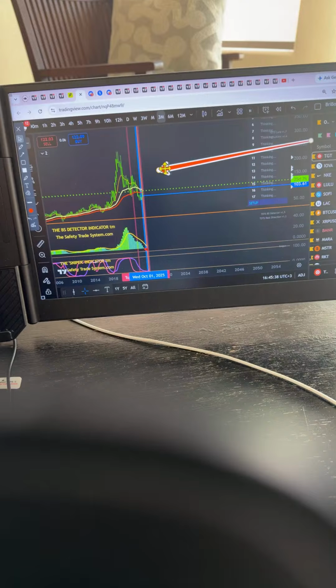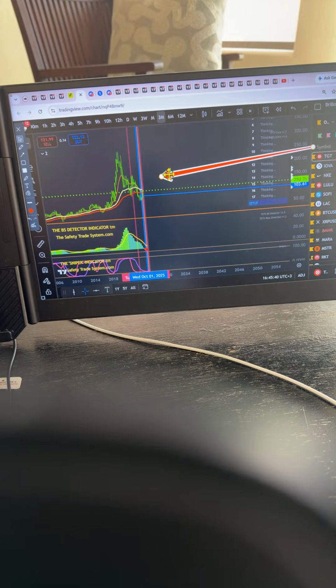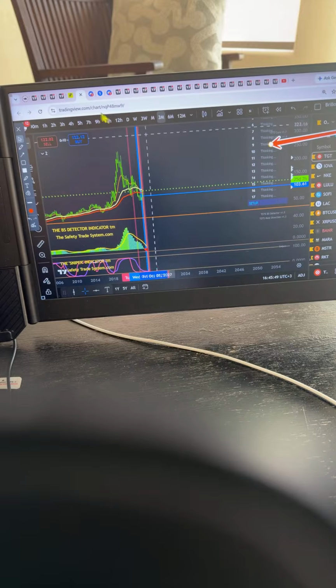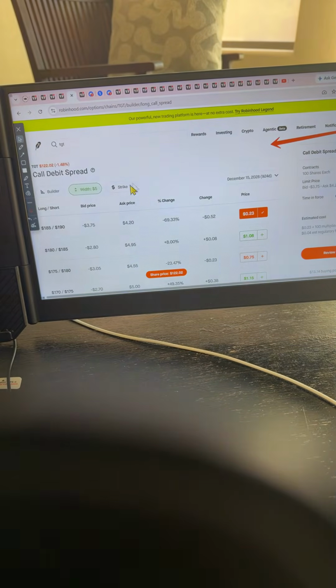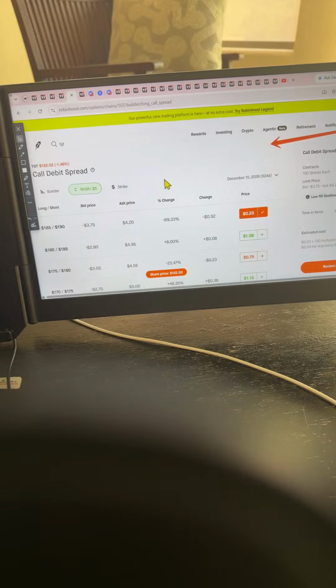Sure, that's what we do. The 17th, because that's what the old monthly used to be. Actually, the monthly is the fourth weekly, but it's where all the big guys are playing. That's where all the open interest is.